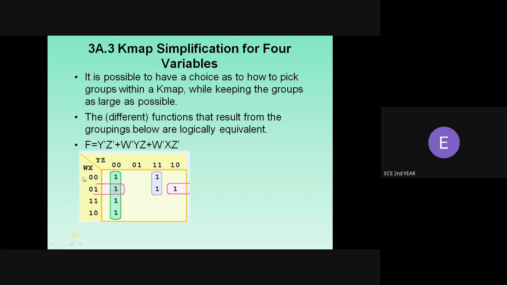We go for the first variable, it is 0 0, so we can write w bar. And since only one column is present, we can write the variables as y z. Since we have 1 1 here, the term will be w bar y z.